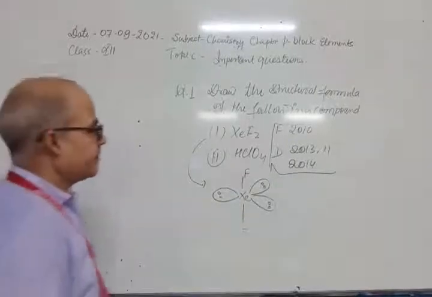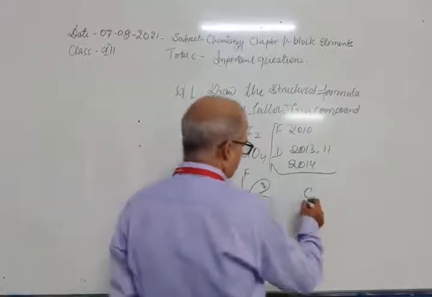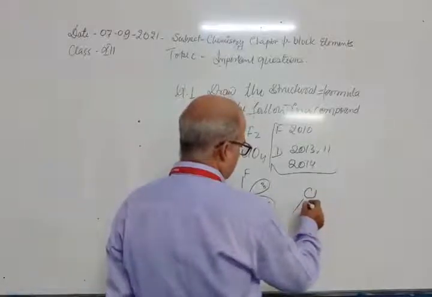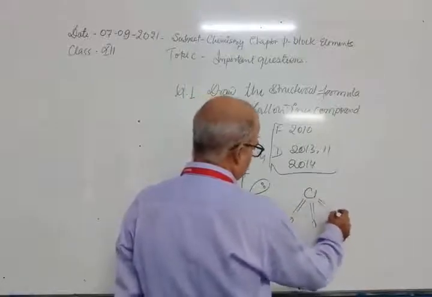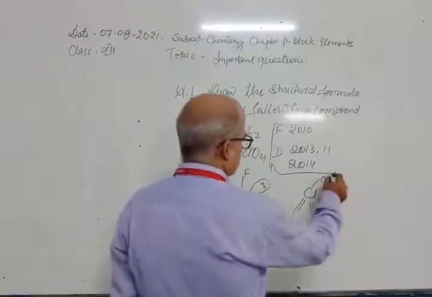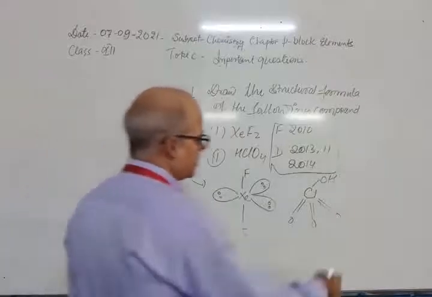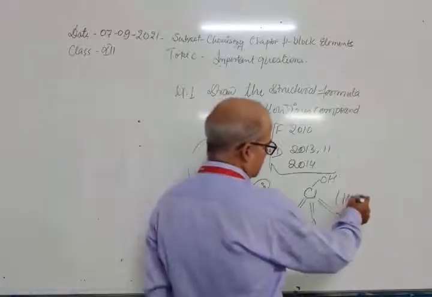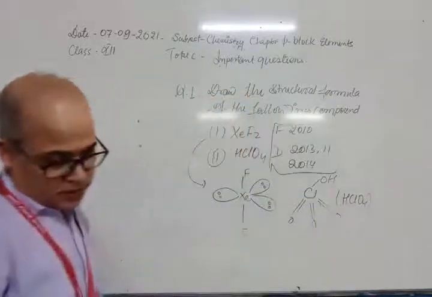Now the structure of HClO4: Cl double bond O, double bond O, double bond O, and OH. This is the structure of HClO4, a very important structure.